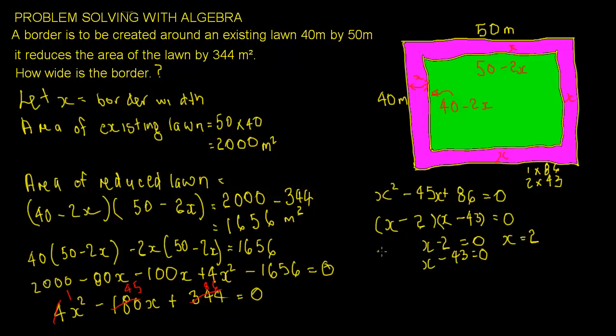So for that equation to be 0, either x minus 2 equals 0 and x equals 2, or x minus 43 equals 0 and x equals 43. Okay, now 2 is the only practical solution.